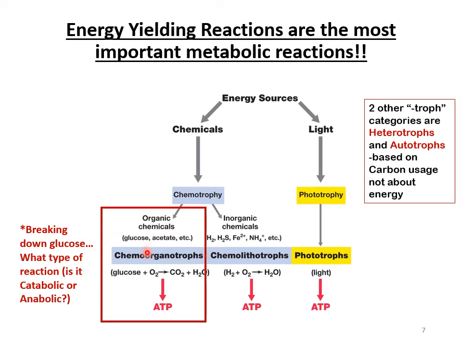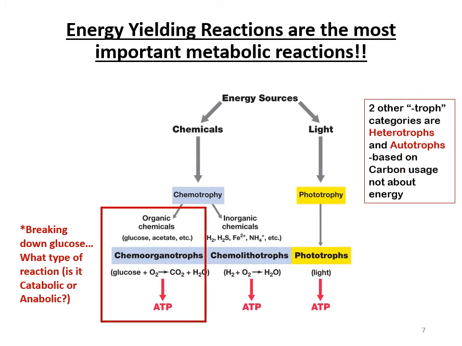Chemoorganotrophs are breaking down organic molecules to get energy. Chemolithotrophs are breaking down inorganic molecules to get energy. And lastly, phototrophs are breaking down light to get energy. Okay, so notice these three are about energy. These two here are breaking things down to get carbon.